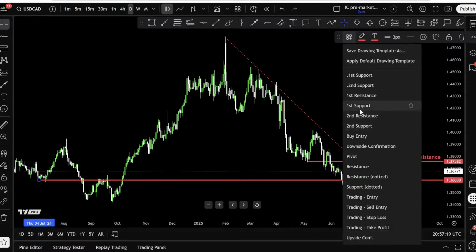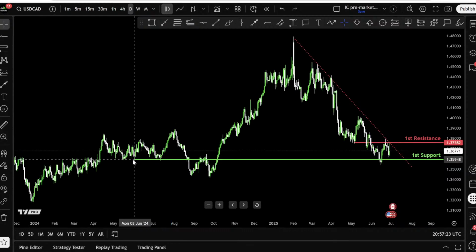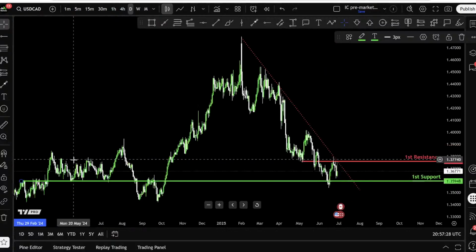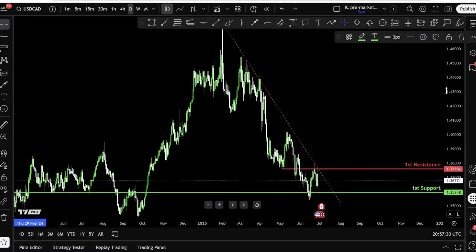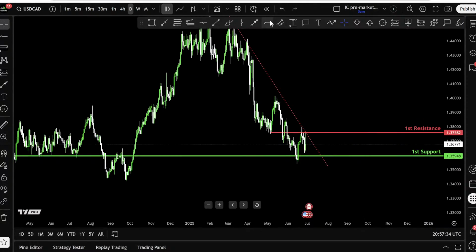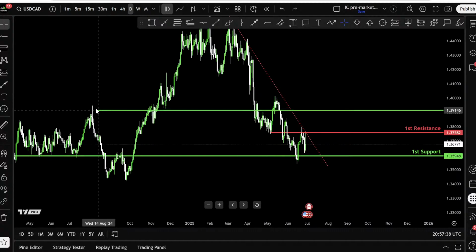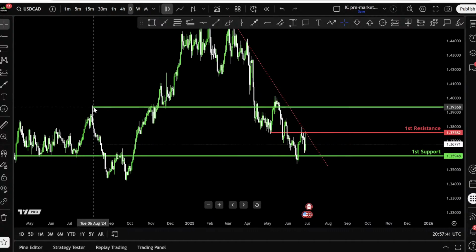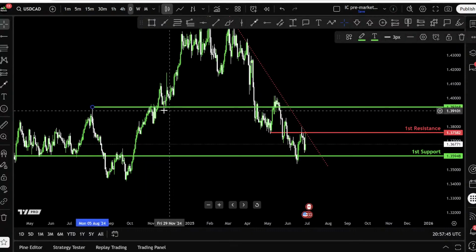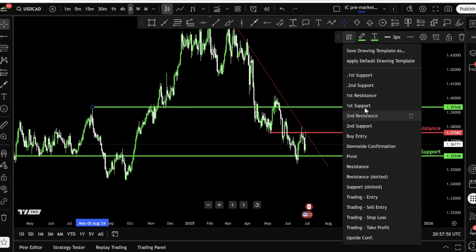First support. And then I'll place a second resistance about here, so it's in line with swing highs, swing lows, and some pullback levels here.